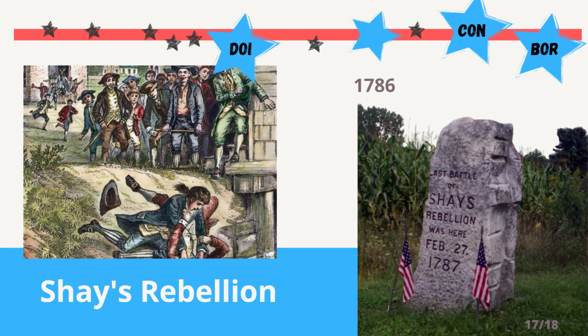Daniel Shays had enough. He was upset with the compensation from the government following his service as a soldier. And he was also really upset at the level of taxation applied toward farmers. So it was really a double blow for him, and he was feeling the brunt of both.